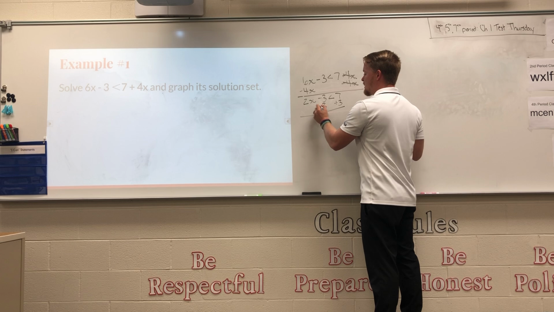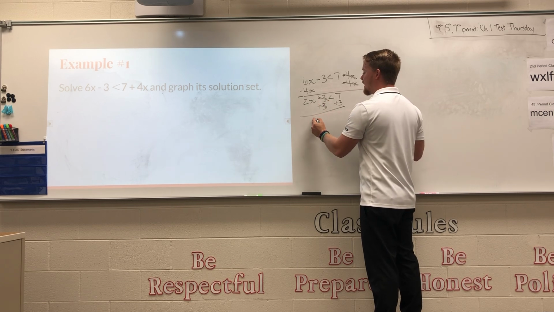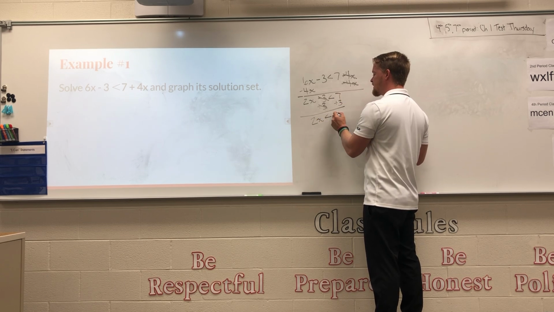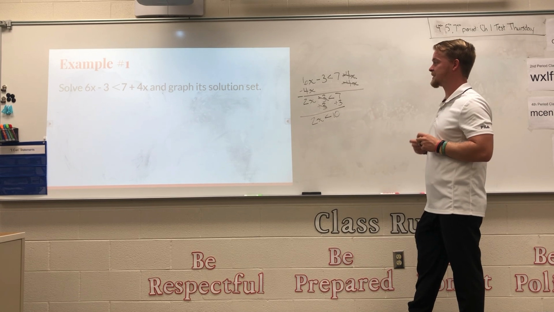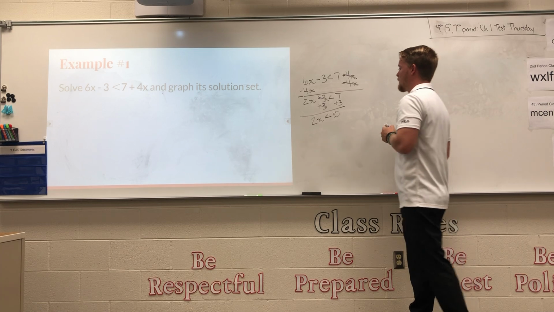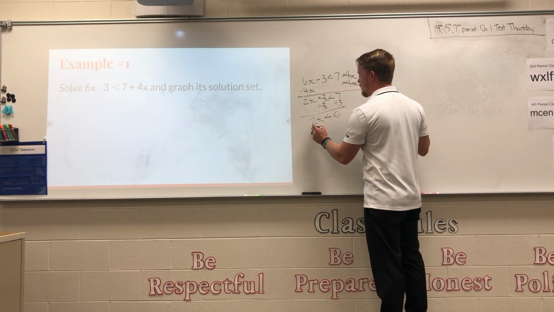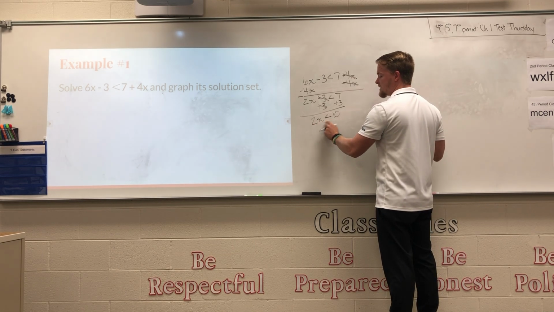The minus 3 and the plus 3 cancel. Okay? I bring down the 2x on the left side, bring down my less than sign. 7 plus 3 is 10. So now I have the inequality 2x is less than 10. Okay? Last step will be to, this is multiplication, remember, because they're right beside each other, 2 times x.